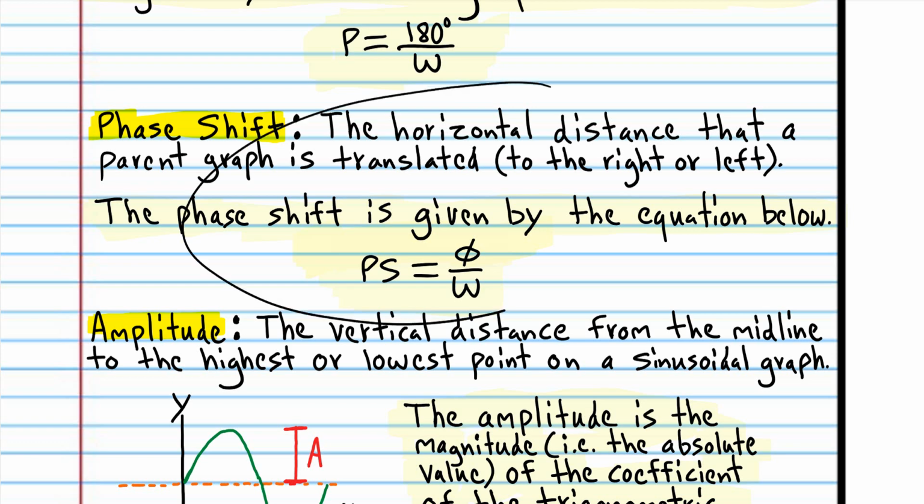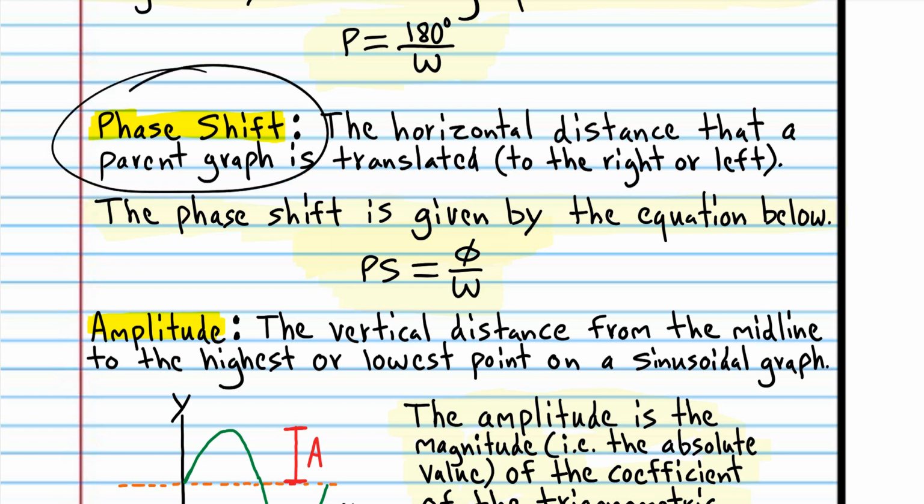For example, the phase shift. In my intermediate algebra course, we just called it the horizontal translation. When you translate a graph, you go up, down, left, right. The phase shift in trigonometry is a horizontal translation. It might be to the right or to the left.